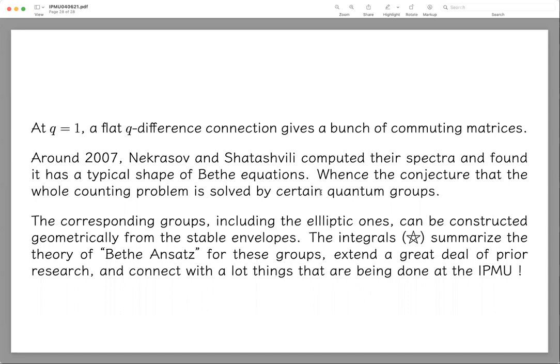So in particular, the stable envelopes you see in this integral are the off-shell Bethe functions, and that's another name that is relevant here. There are certainly a million other things I could have said, and many other connections with other parts of mathematics and physics, in particular those developed at IPMU.